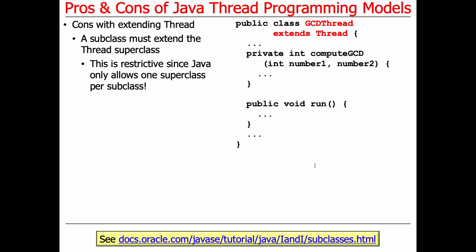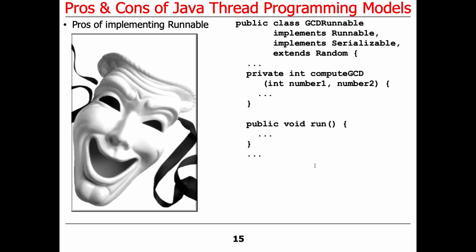Java does not support multiple inheritance of classes. It does support multiple inheritance of interfaces, but that's a slightly different issue. So in this case, Thread is a class, and by extending it, we have lost the opportunity to extend anything else. We're stuck with Thread as our one and only superclass.